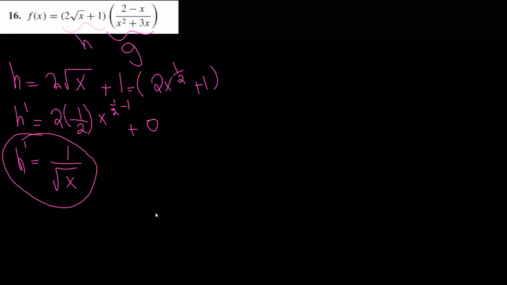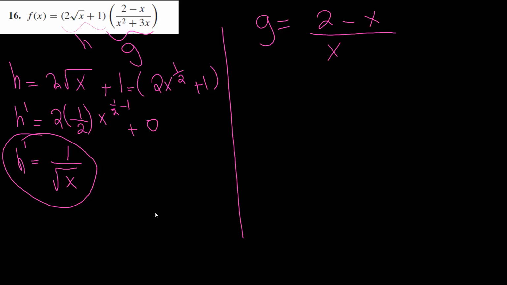The second step now, we have g, and we have to find g prime. g is 2 minus x over x squared plus 3x. Now look at g. It is two functions that are divided. Is it right?